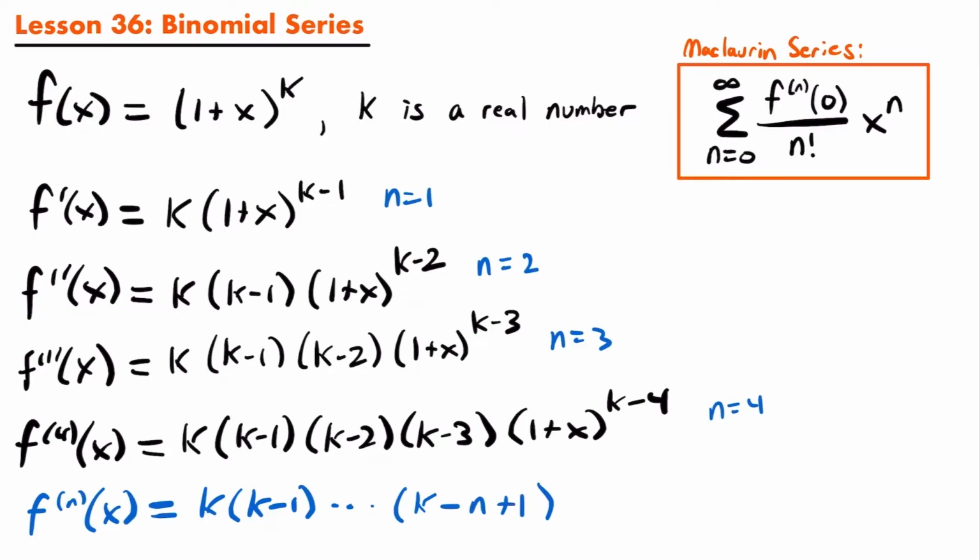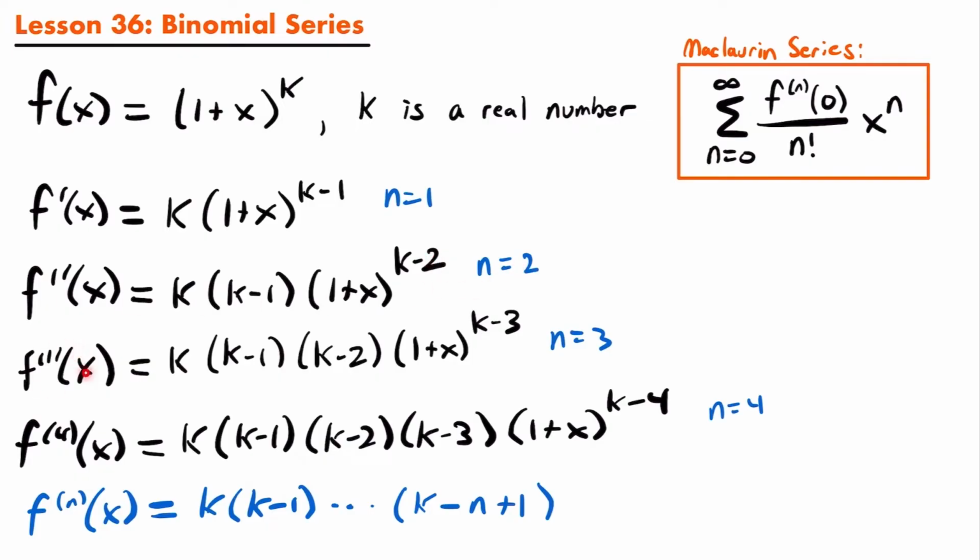All right, and so that takes care of our coefficients, but then what about our quantities of 1 plus x? How can we represent their powers in terms of n? Well, notice that for those quantities in each derivative, we have k minus the value of n, right? For the first derivative, we have k minus 1, and n equals 1 for the first derivative. For the second derivative, we have k minus 2, and 2 is the value of n for the second derivative.